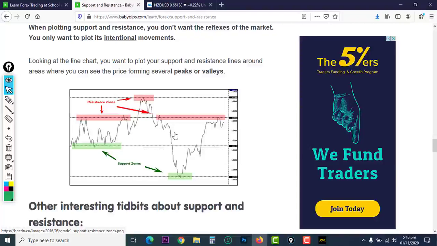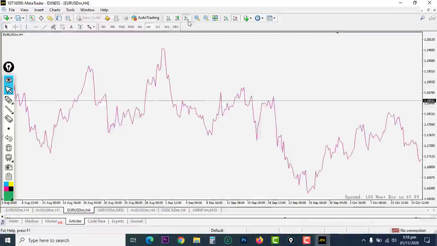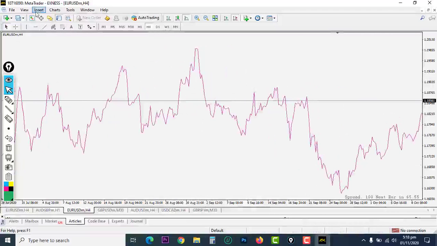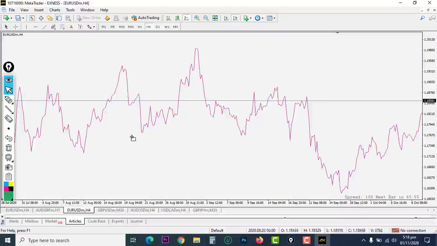And then you can correctly see the areas where prices close, and that's how you plot your support and resistance level correctly. So what you do is come to your line chart, then go to insert, take the shapes, and then draw your support and resistance level.